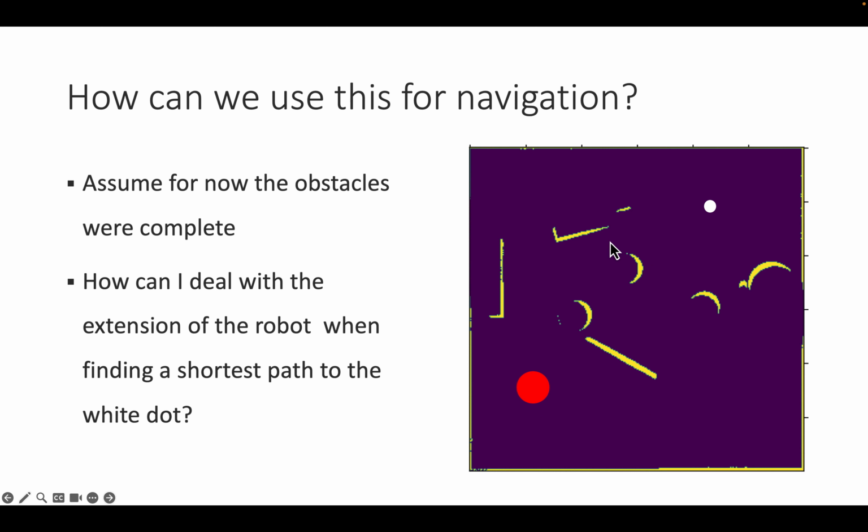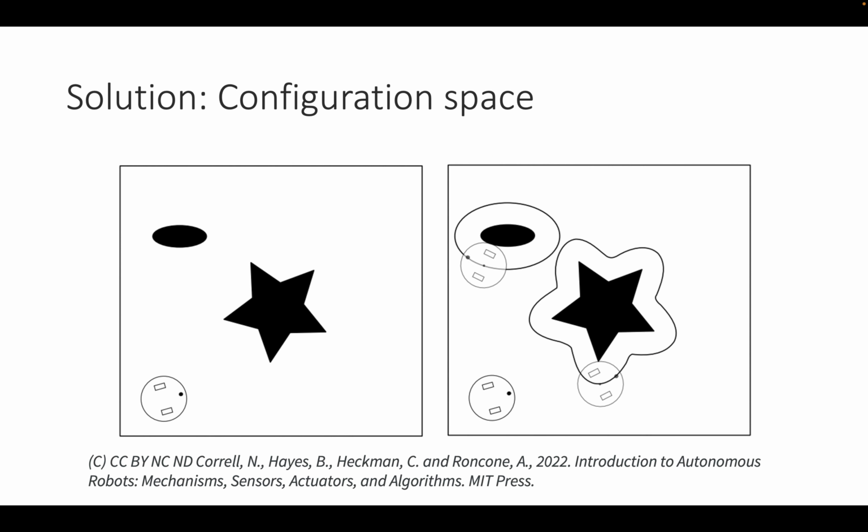But there's actually an easier way to do this, which is to simply grow all the obstacles by the radius of the robot and turn the robot to a point. This is called the configuration space because the robot now is represented by a point x and y. So this is the x-axis, this is the y-axis.